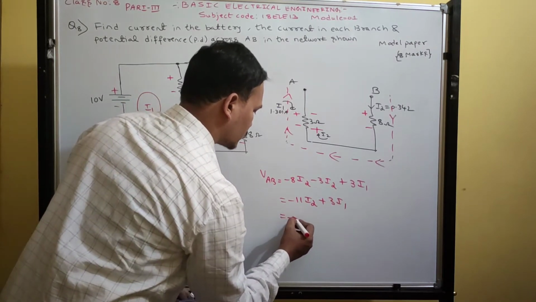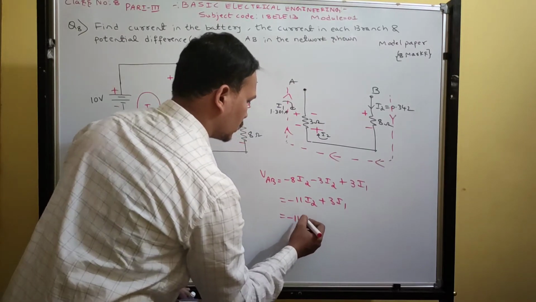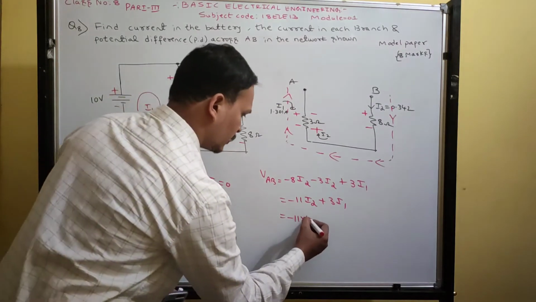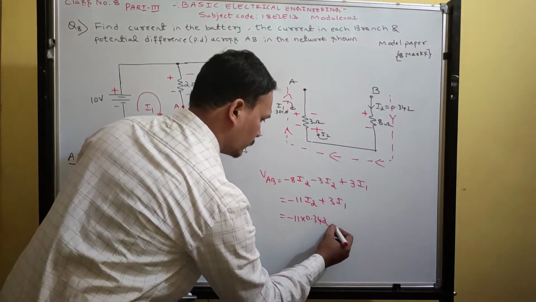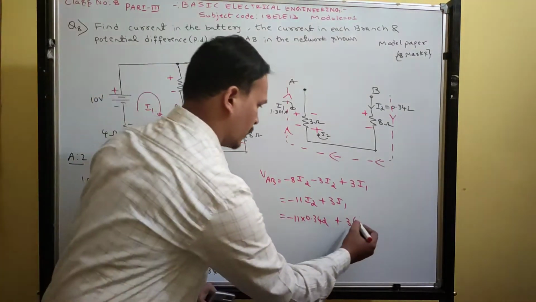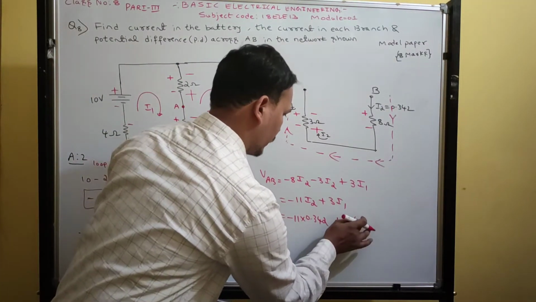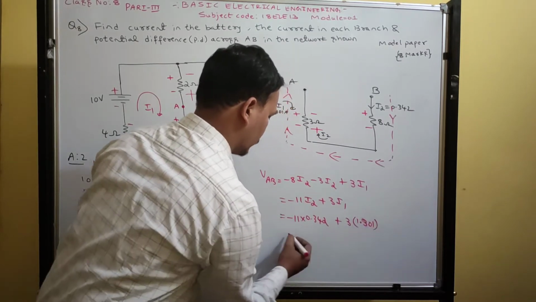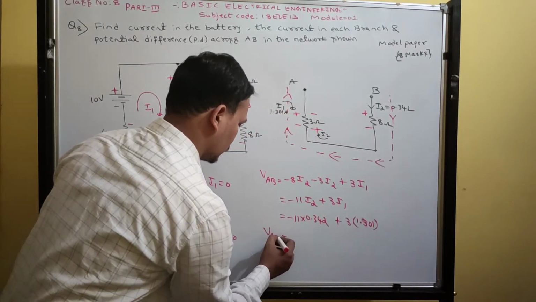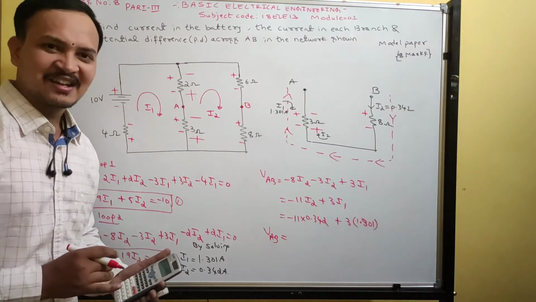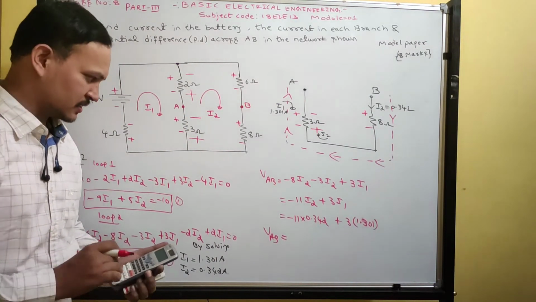Now enter the values. Minus 11 into I2, which is 0.342, plus 3 into I1, which is 1.301. Now simplify this. By doing this in the calculator, let's see whether we get the same answer or not.